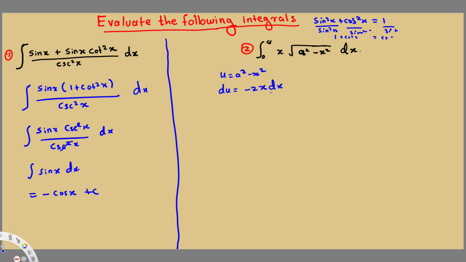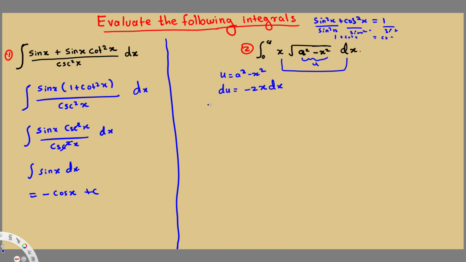Within the square root, we can substitute the u, but if you see the outside, we have x dx left. What we got is minus 2x dx, so let's try to bring this into the x dx pattern. To do that, I can bring the negative 2 to the other side, so this will make it x dx.